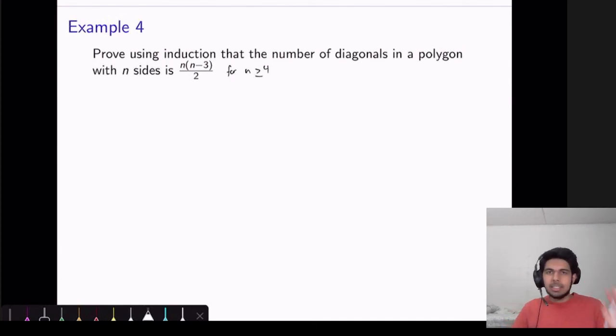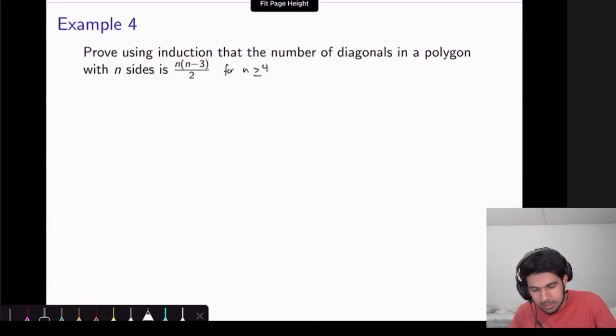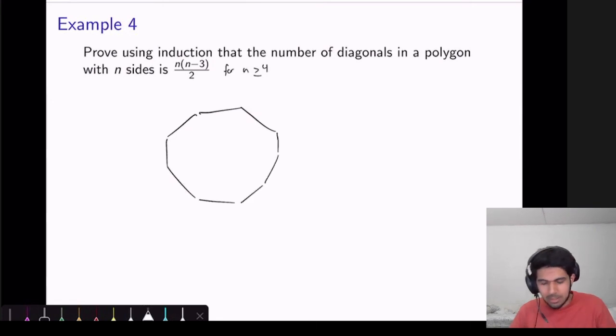So base case and induction hypothesis, I'm sure you can handle that. But the induction step is where things get kind of interesting, because we assume that it's true for some k. So in this case, k would represent the number of sides. So let's just draw some sort of polygon here with who knows however many sides, right? And then let's do some different colors.